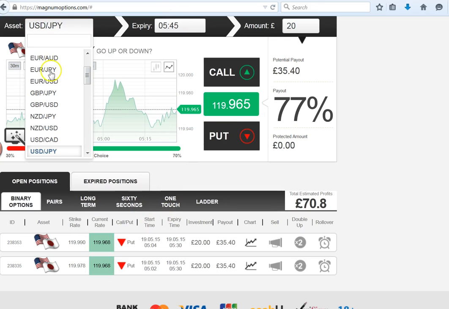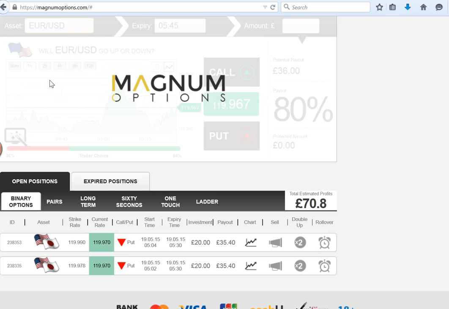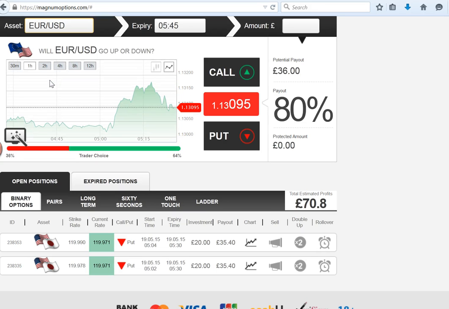Let's just check another one out. Let's try the USD JPY. Okay, sorry, the Euro USD. You can see here it has 1, 2, 3, 4, 5 digits after the decimal point, in which case you would choose the last 3 if he gives you the last 3.